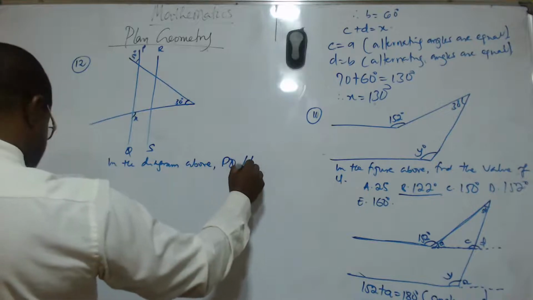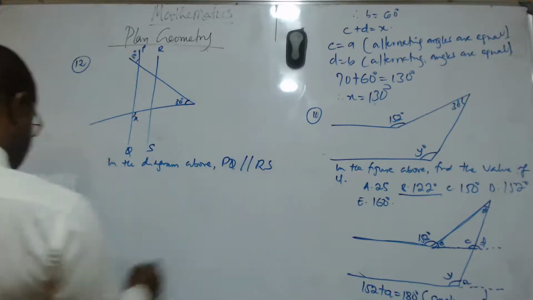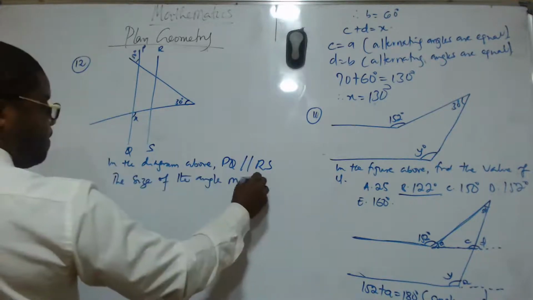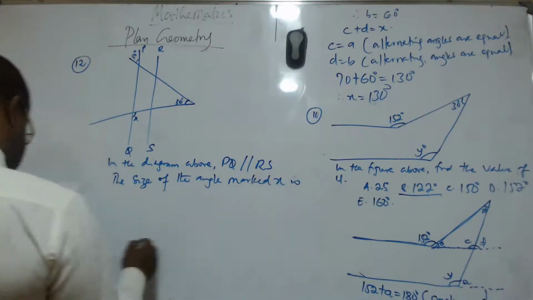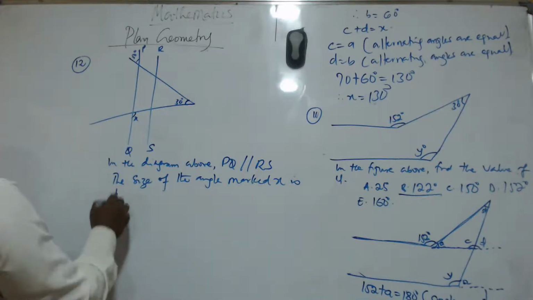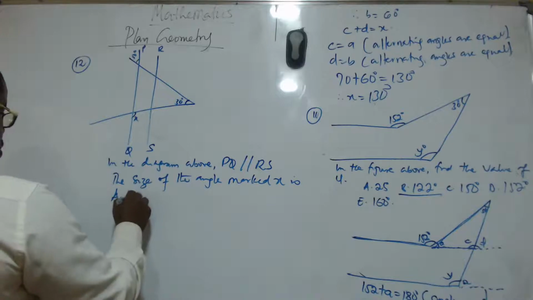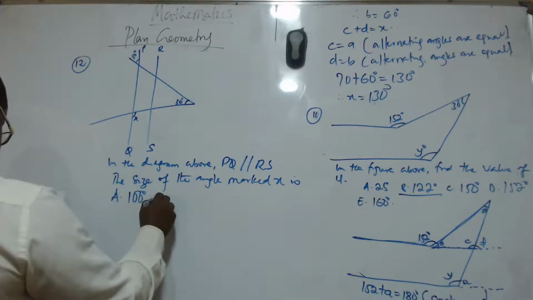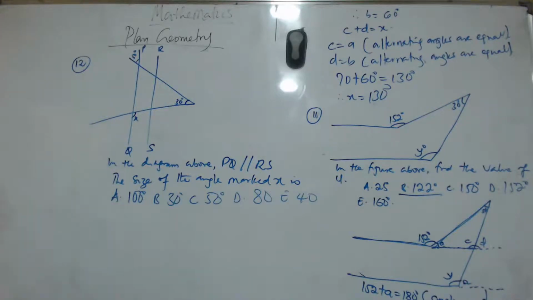PQ is parallel to SR. Mark X is, we have A, 100 degrees, B. How do we calculate for X?